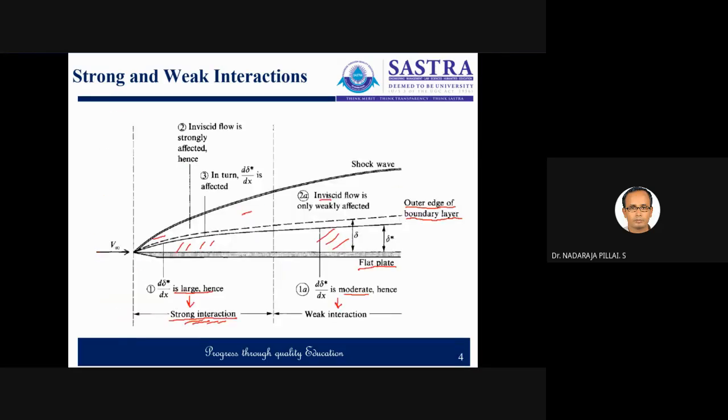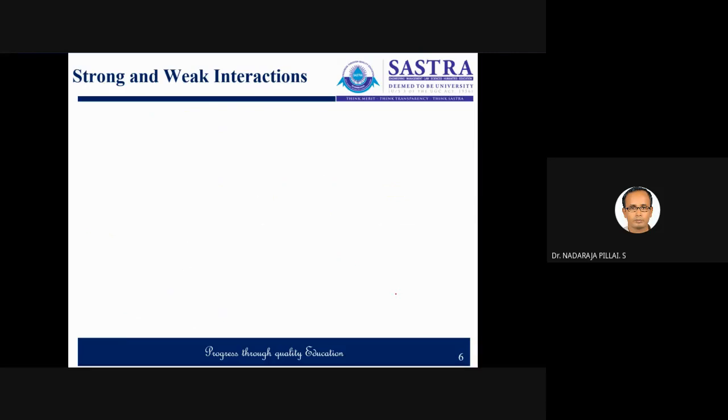This is just opposite to that, right? This is the weak interaction region, where the displacement thickness gradient d delta star by dx is moderate. Let us note it, the weak viscous interaction.